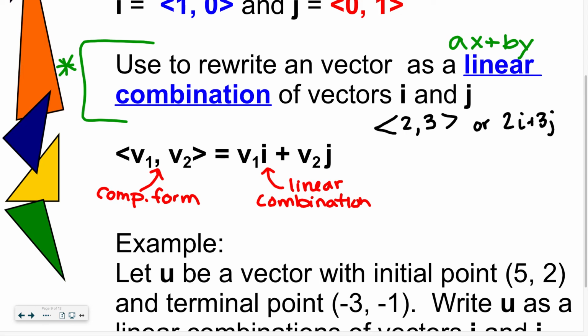If I gave you negative i plus 5j in linear combination, then without any work, that is negative 1, 5 as a component form. So this is just a new form you can change in and out without any work.